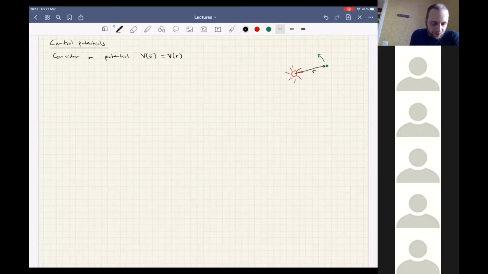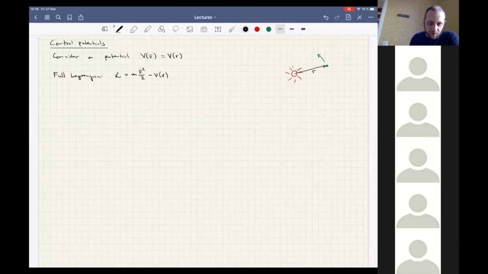And the full Lagrangian of this system in 3 dimensions, or in general any dimensions, is going to be that the Lagrangian is equal to the kinetic term, which is m x dot squared over 2, minus this potential V of r. And this we are already used to.